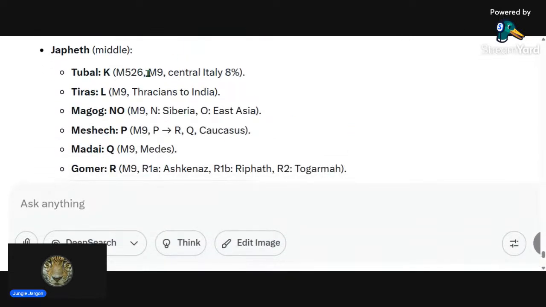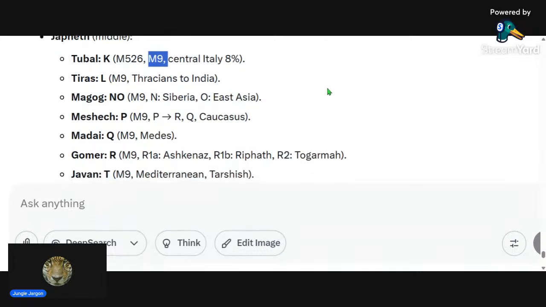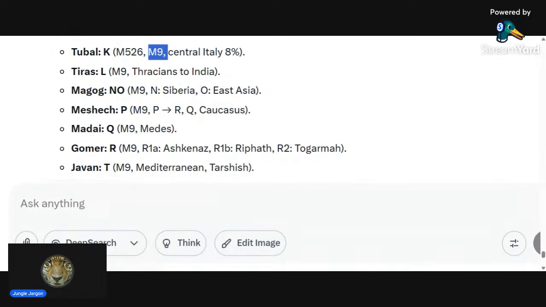Tubal has his marker. It's M9 with 8% in Italy. The rest is spread out through Asia, or Southern Asia anyway, South Asia. Tiras has M9, Thracians to India.